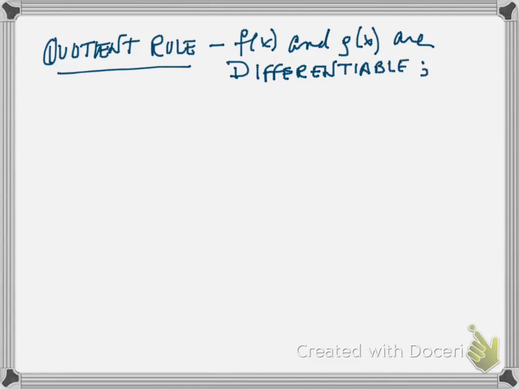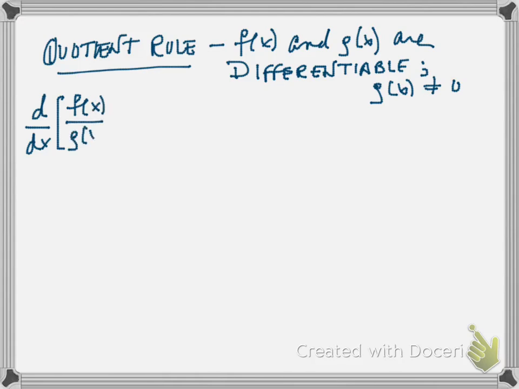I'm going to add here that g of x cannot equal 0. You're going to see that g of x is going to represent our denominator. And again, I'm going to write the rule 3 ways. Twice with the notation and once verbally. This time we want to take the derivative of the quotient of f of x divided by g of x. And you can see now why g of x cannot equal 0, because we cannot have 0 in the denominator.